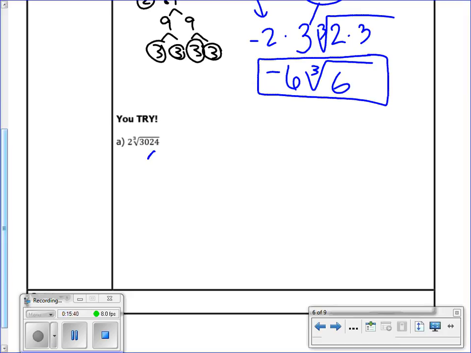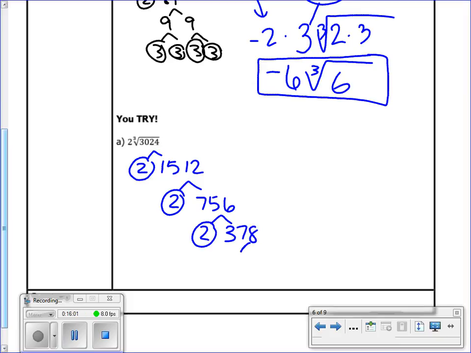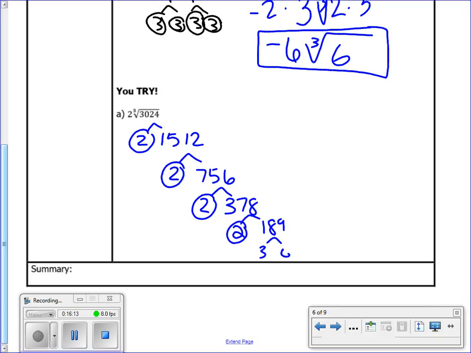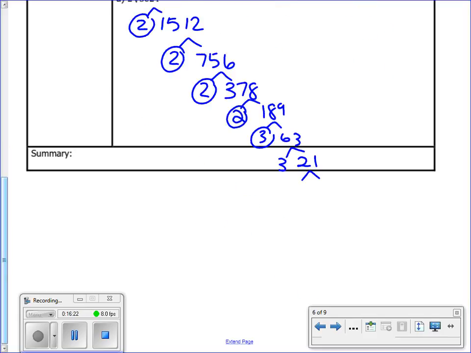This breaks down to 2 times 1,512. 1,512 breaks down to 2 and 756. 756 breaks down to 2 times 378. 378 breaks down to 2 times 189. 189 breaks down to 3 and 63. 63 breaks down to 3 and 21, and 21 breaks down to 3 and 7.